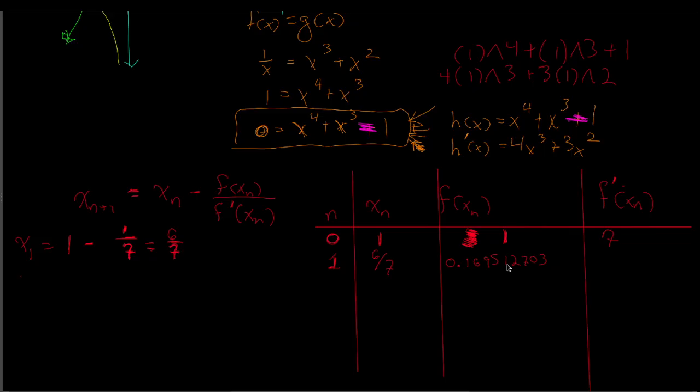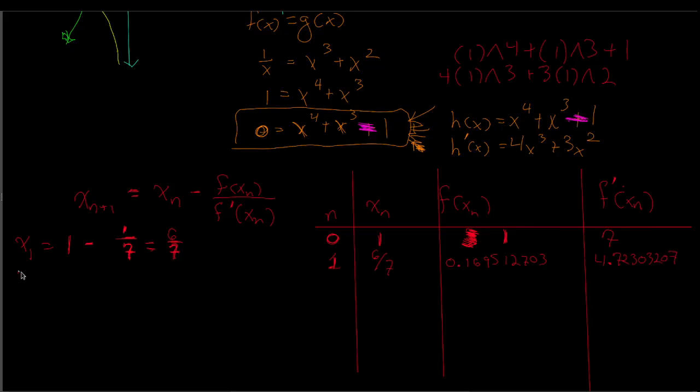And now I'm going to take my derivative of it. So I'm going to take 4 times 6/7 to the third power plus 3 times 6/7 to the second power. And I'm going to get 4.72303207.